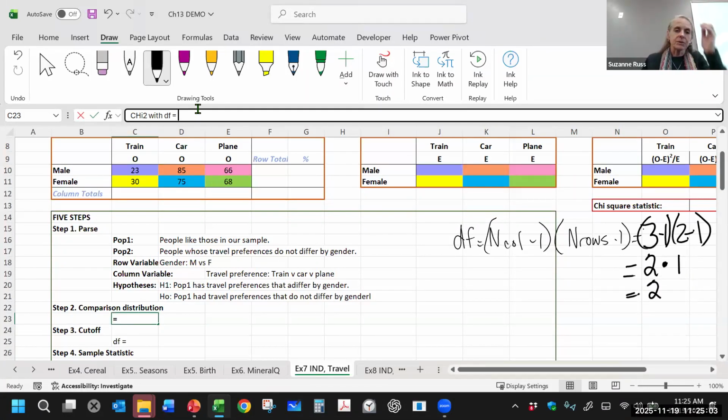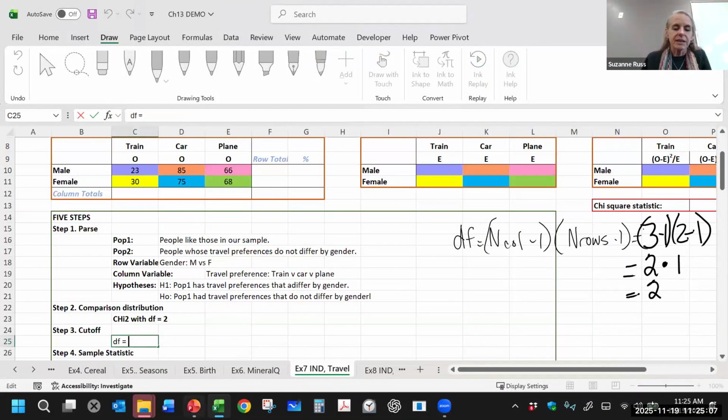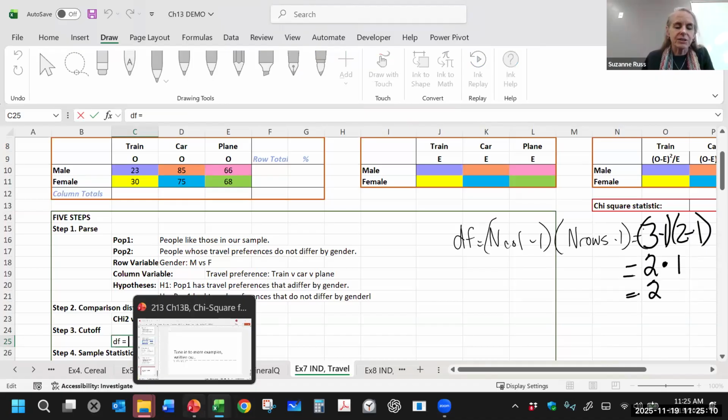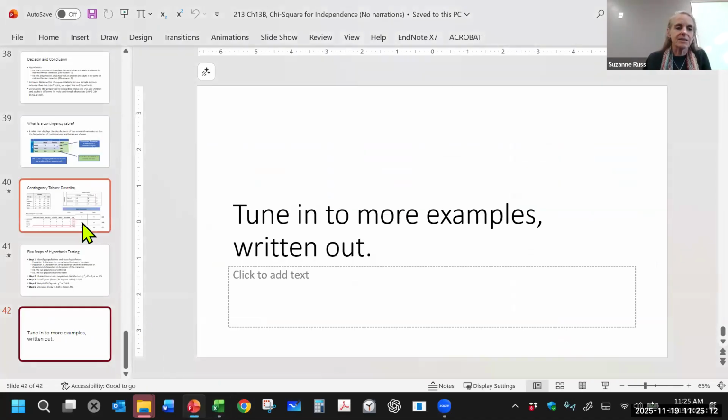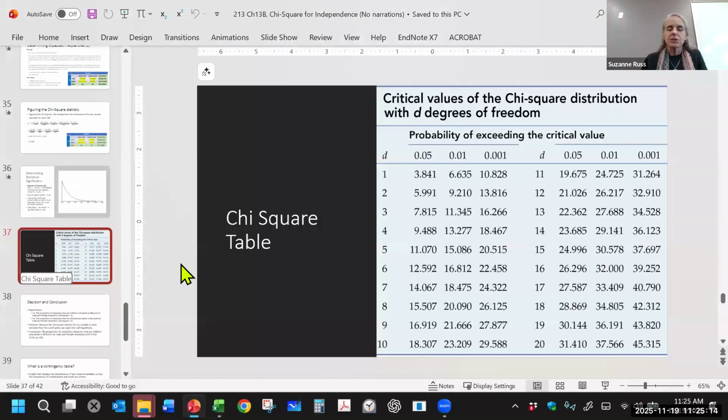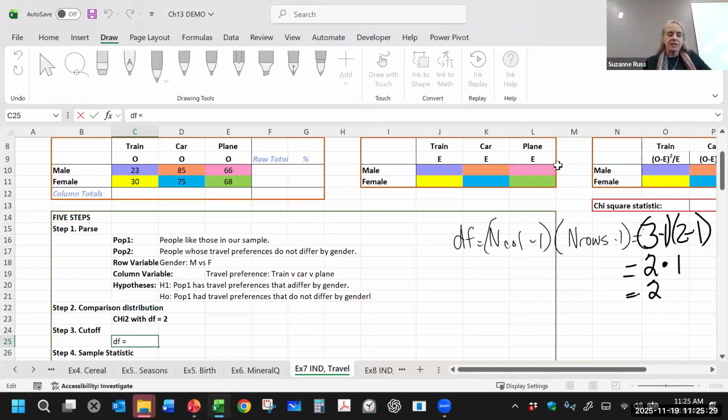So DF equals 2. We can look up our cutoff point. I wonder if we should just use that chart this time, because it can be kind of interesting. We'll just use the chart. DF equals 2. We'll test at 0.05. We can just go to this 5.991. And I'm using this because I want to refer to these other numbers at the end of our problem. So we have a cutoff point of 5.991. I don't think I need to draw that distribution anymore.